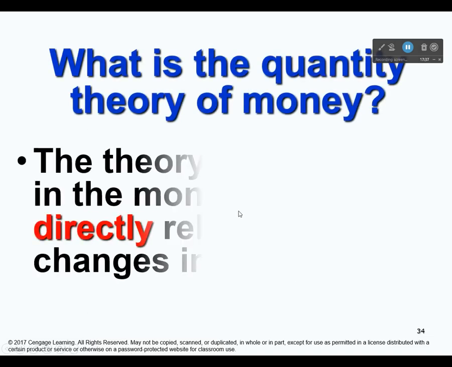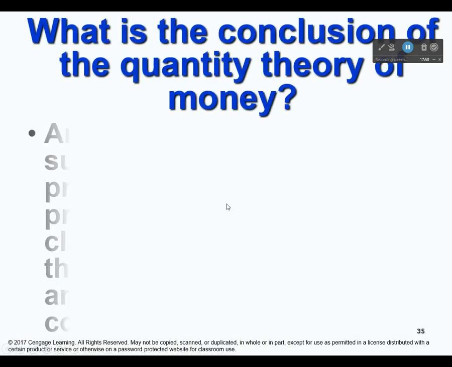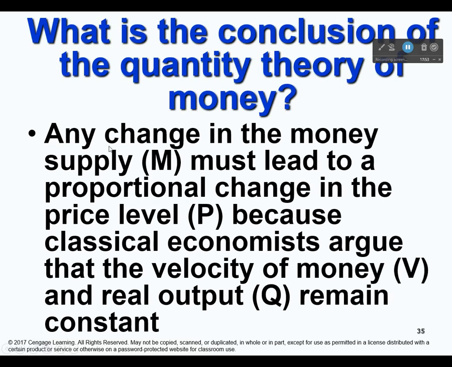The quantity theory of money is the theory that changes in the money supply are directly related to changes in the price level. So the conclusion here is that any change in the money supply, M, must lead to a proportional change in the price level, P, because classical economists argue that the velocity of money, V, and real output remain constant.